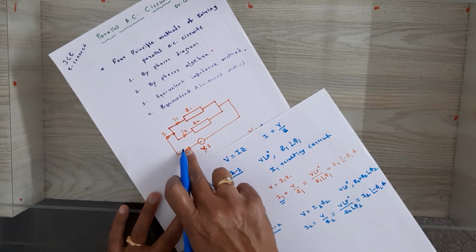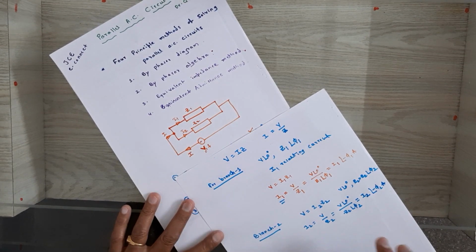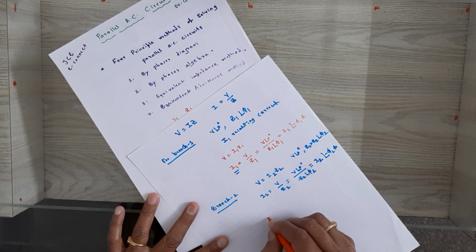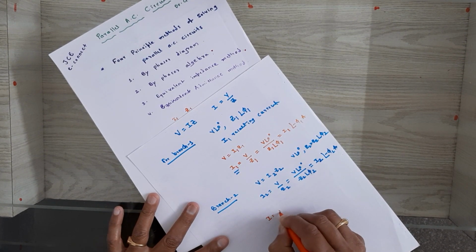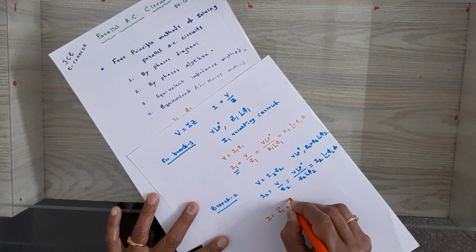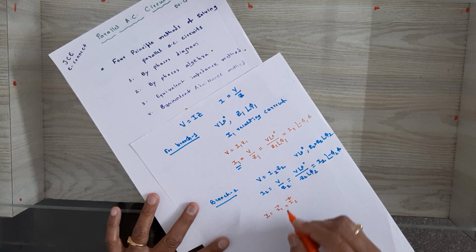Then what is the total current I? The total current I is the vector sum of I1 and I2. I is equal to I1 plus I2. Just substitute the values of I1 and I2 and use the calculator.